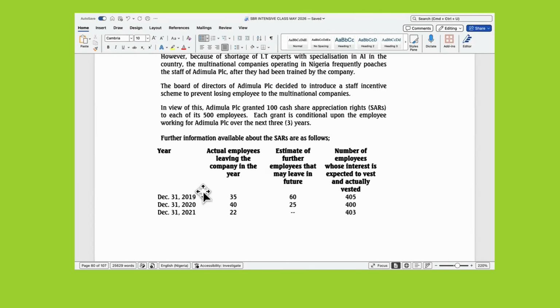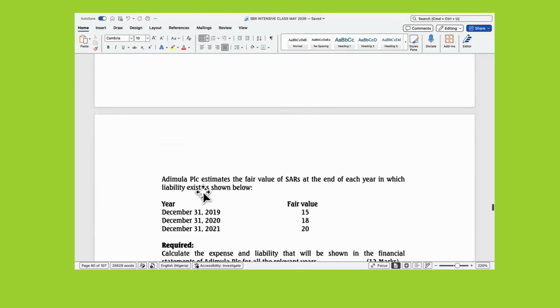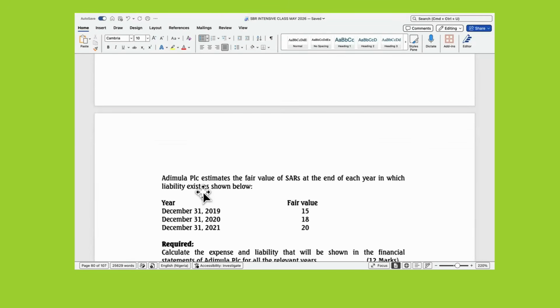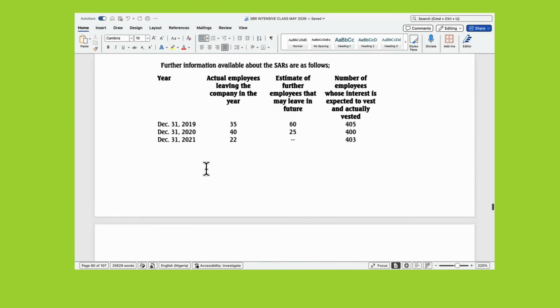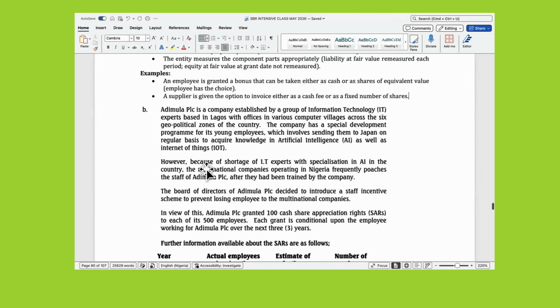So we're given for 2019, 2020, and 2021. We're then told that Adimola PLC estimates the fair value of the SAR at the end of each year, in which liability exists, as shown below. So we're given the fair value for 2019, 2020, and 2021. Okay, and that's the question.